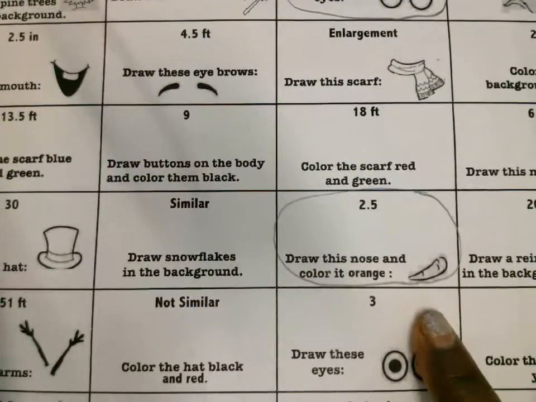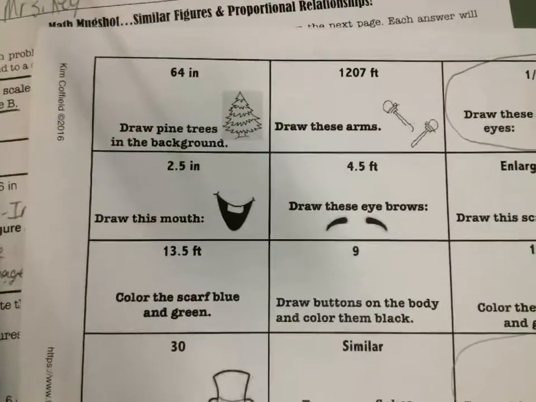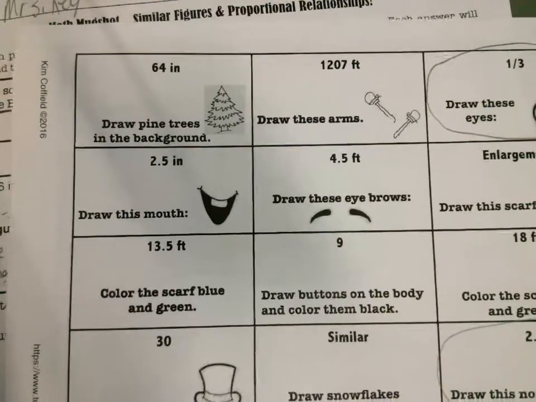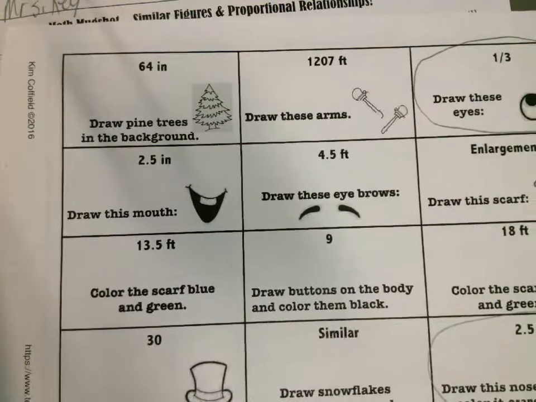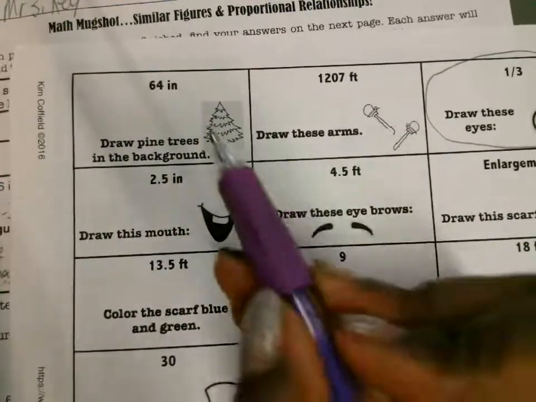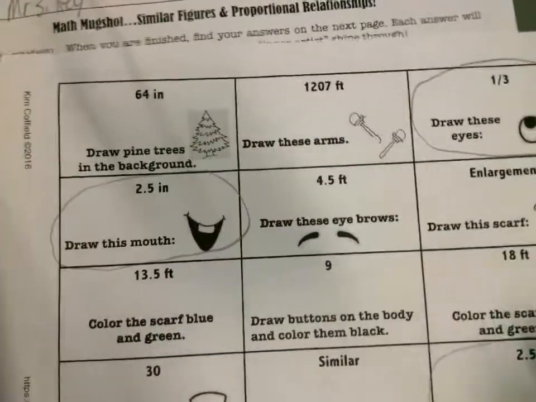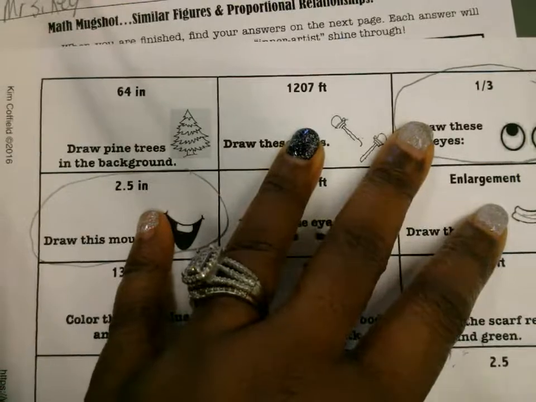Do you see it? Where is the mouth? Which row is the mouth on, y'all? 1, 2 row. Oh, yeah, you're right. Thank you, babe. I'm glad you saw that.